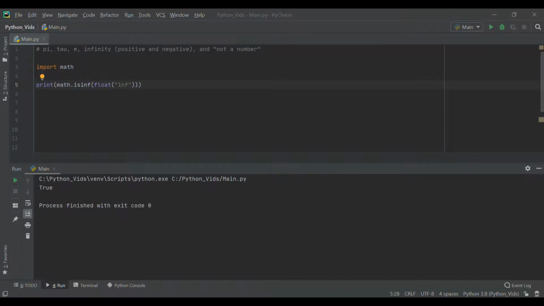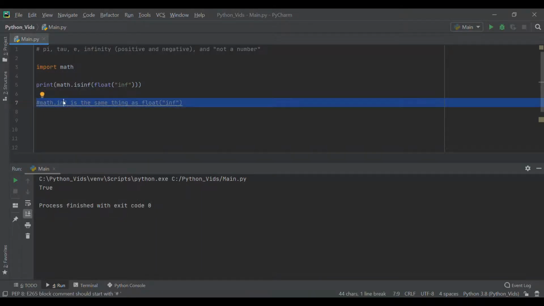Well, what's going on here? Math.inf is actually the same thing as the float of inf. Well, don't take my word for it. Let's see if we can prove it in a couple of ways. Let's try making another if-then statement.